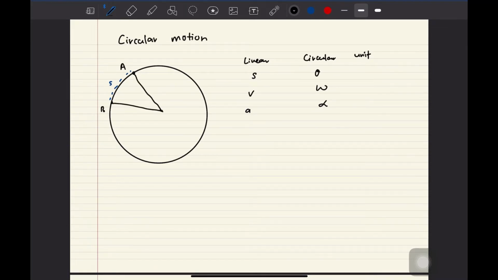If that's the center, the theta would be this one. Normally we use the unit radian.